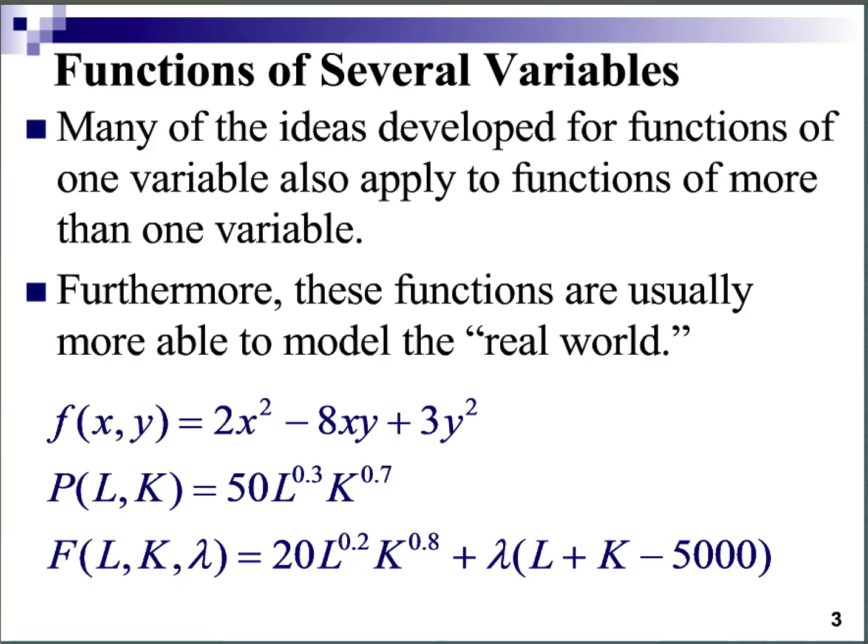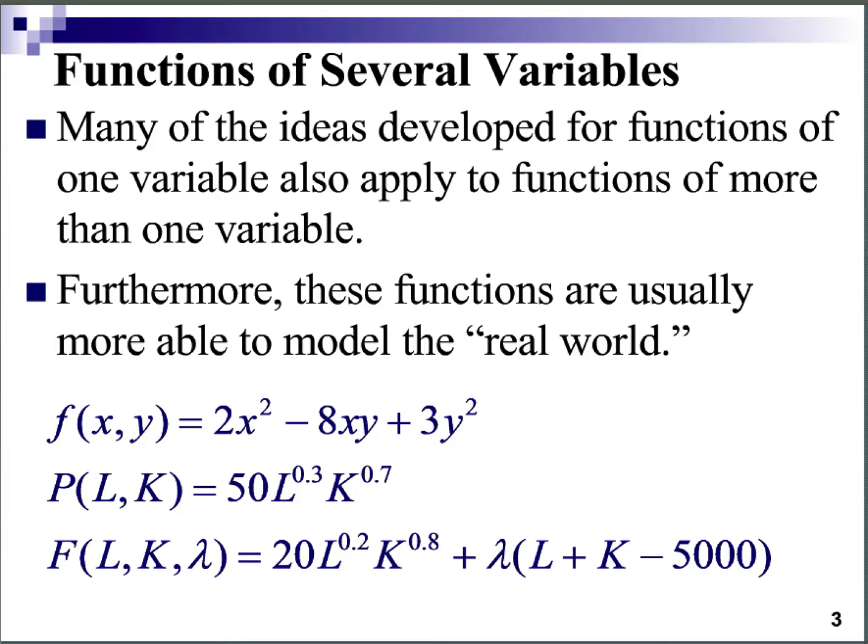Sometimes we call that z. So z is the 3rd variable, and so z is equal to f of x, y. And the capital P function depends on capital L and capital K. Those are the 2 independent variables there. The dependent variable would be P of L, K, and in this case it's given a name. It's capital P. It's for production.